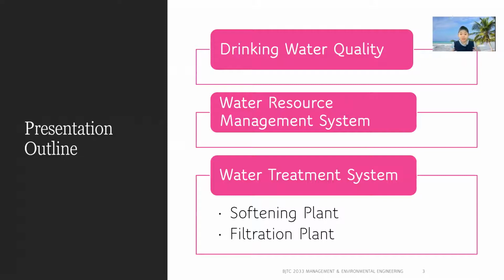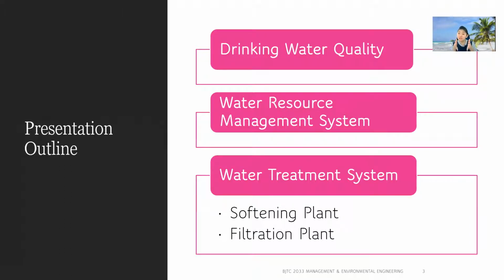Lastly is the water treatment system. This is only one part inside the water resources system. We take the water from the rivers, it goes through a pump and follows on through a lot of things, and in between there is one system, which is the water treatment system.